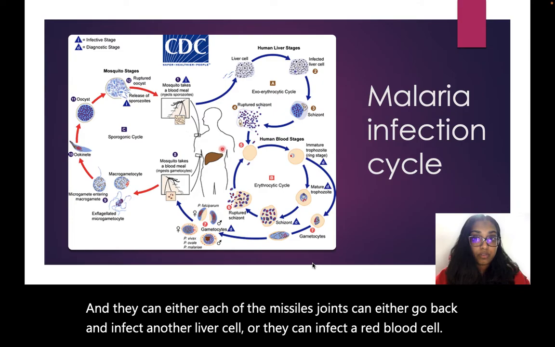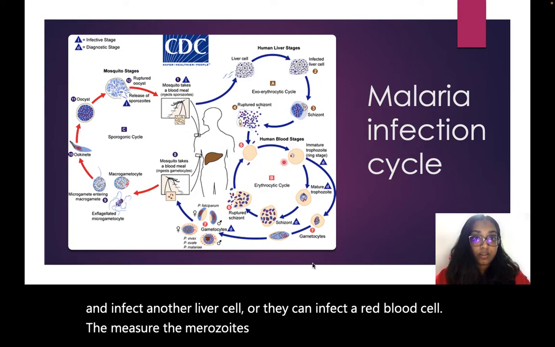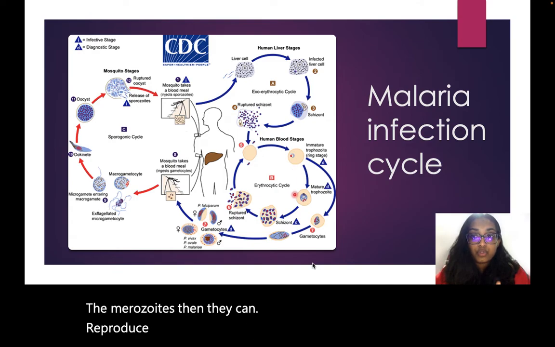The merozoites then can reproduce and form trophozoites. When trophozoites mature, they're called erythrocytic schizonts.